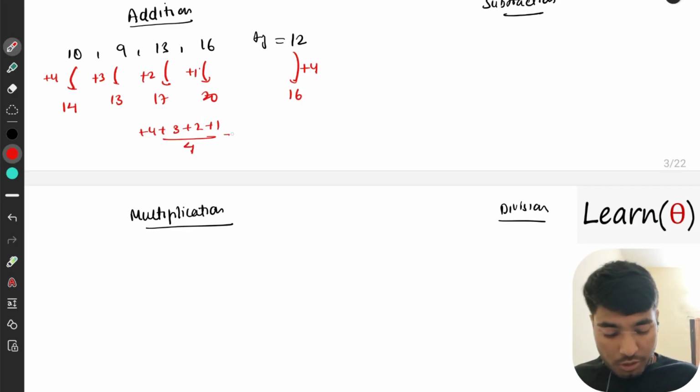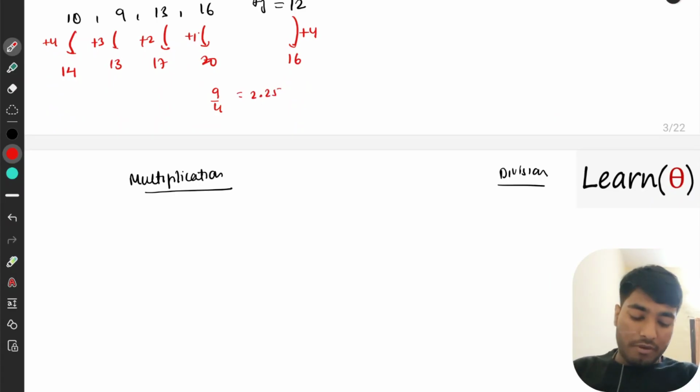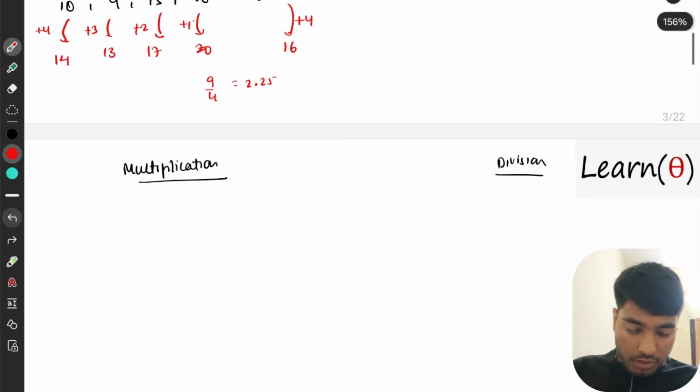So this will be equal to 9 upon 4, that is something equivalent to 2.25, I guess. Yeah, so this is equivalent to 2.25, and in this way you can proceed with the question, right? You can now add 2.25 to the number 12 here. Okay, so this is how you can approach the question.